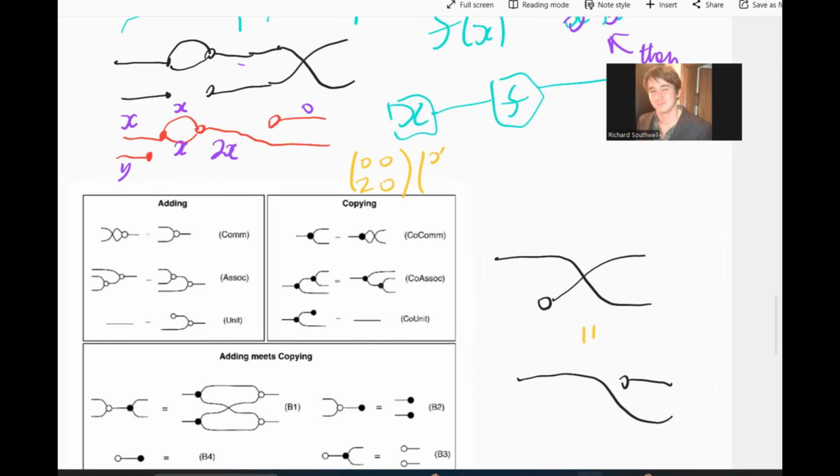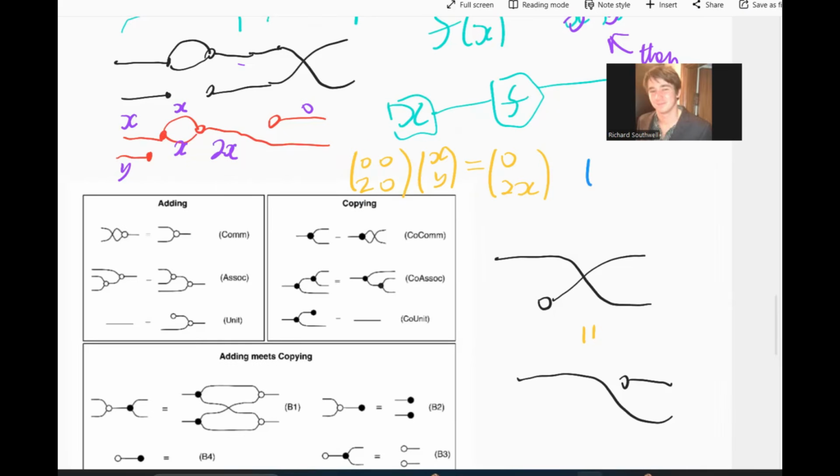It's this kind of matrix here, because if we give it the inputs x and y, then we get a 0 coming out upstairs and a 2x coming out downstairs. And so this equation tells us that this sort of diagram corresponds to this sort of matrix.